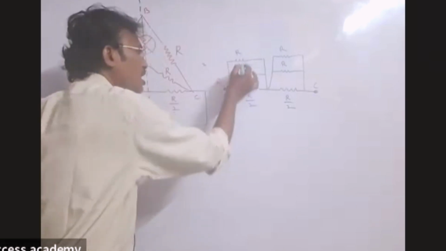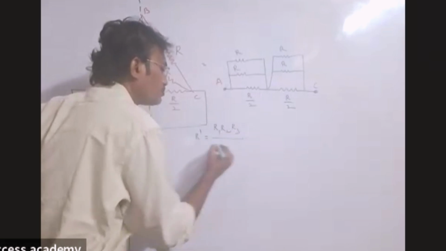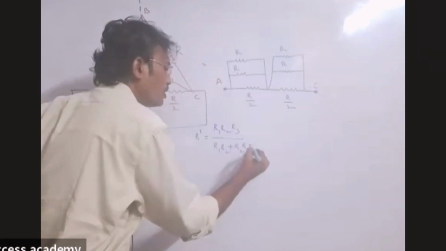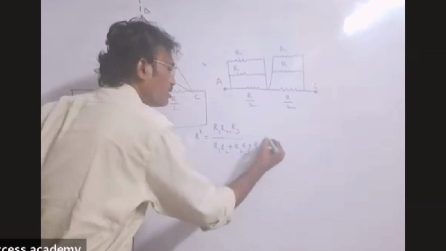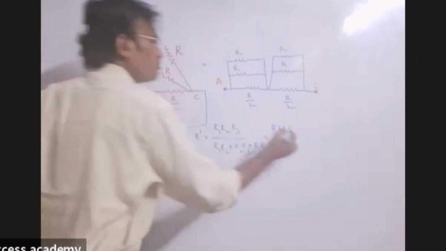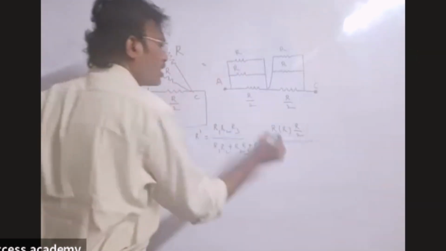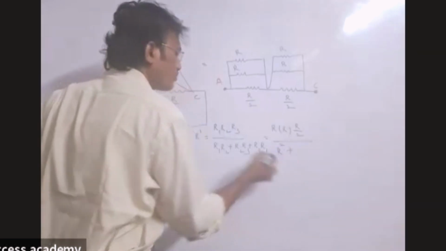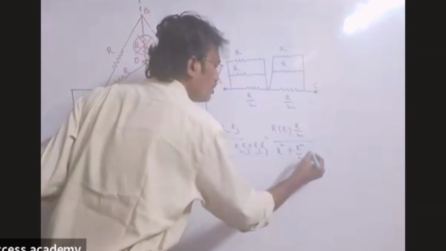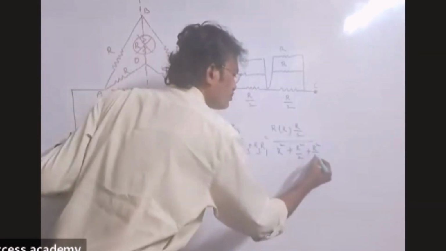For three resistors, R1R2R3 by R1R2 plus R2R3 plus R3R1. R1 is R, R2 is R, R3 is R by 2, whole divided by R1R2, R into R, R square, plus R2R3, R into R by 2, R square by 2, plus R3R1, R by 2 into R, R square by 2.